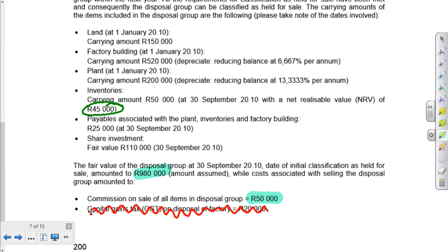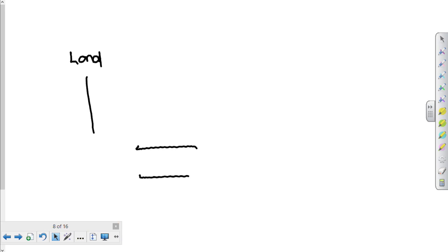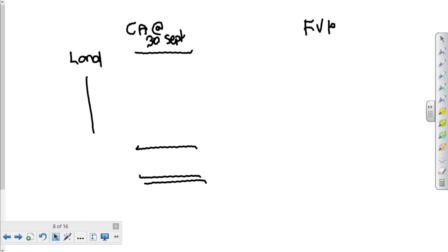Yeah? So you're going to do a calc that's going to look like this for me. All the assets, land, etc., and you're going to have carrying amount at 30 September. Then you're going to have fair value less costs.